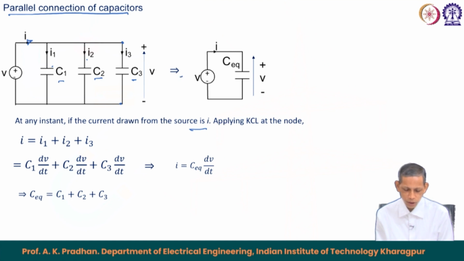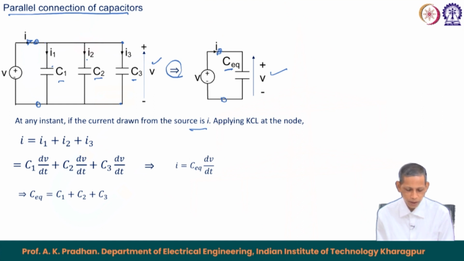And let the equivalent be C equivalent with V. As already mentioned earlier, equivalence means the current at this terminal from the source side and the voltage must be the same. So, we talk about the same V, and the current from the source side is I. The terminal current and the voltage remain the same.